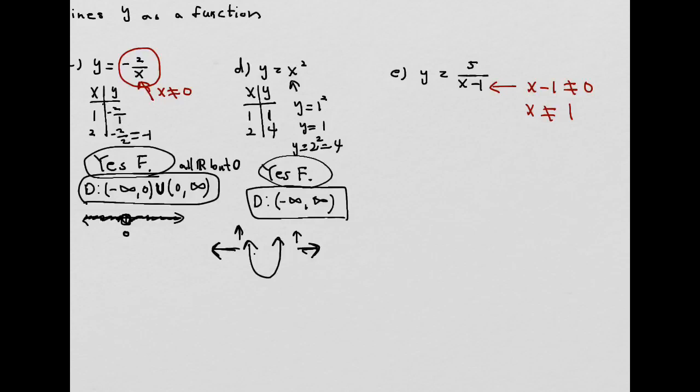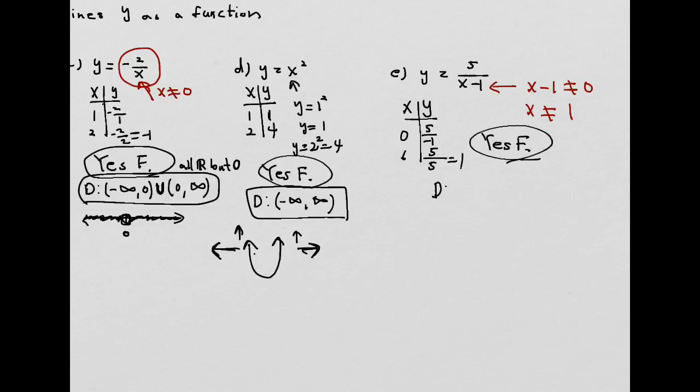And let's see if this is even a function. Again, let's try with numbers. When x is 0, I get 5 over negative 1, that's one number. If x is 6, I get 5 over 6 minus 1, which is 1. One number, right? So this is yes, a function.